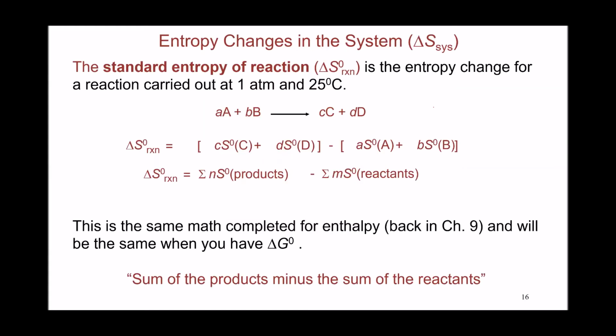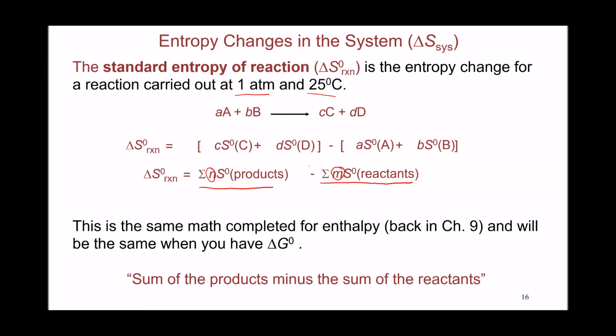We can define the standard entropy change for any reaction to be the entropy change for the reaction carried out at 1 atmosphere and 25 degrees. In this case, the change in entropy for the reaction is simply the sum of the entropy of the products multiplied by their number of moles, minus the sum of the entropy of the reactants multiplied by their number of moles.